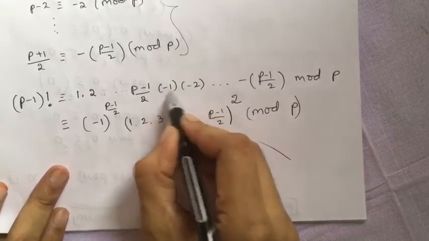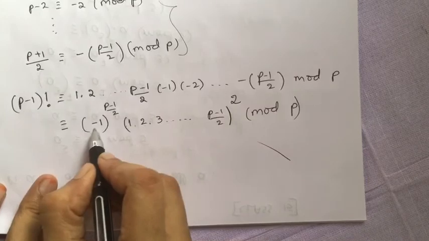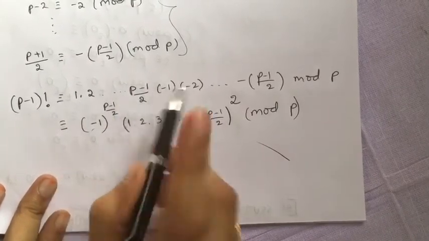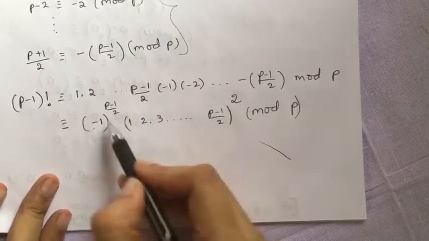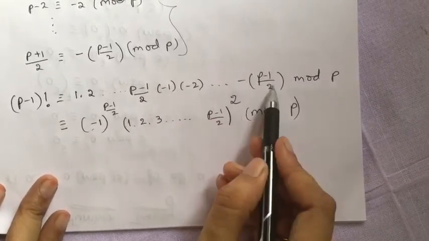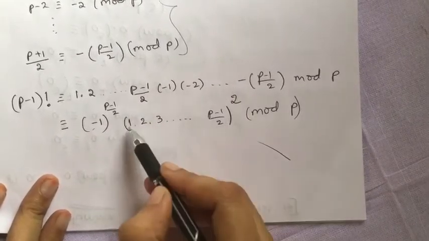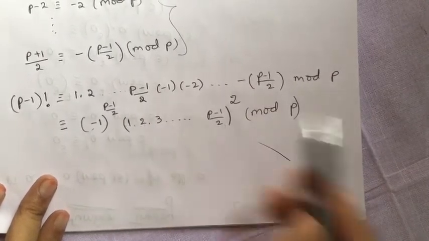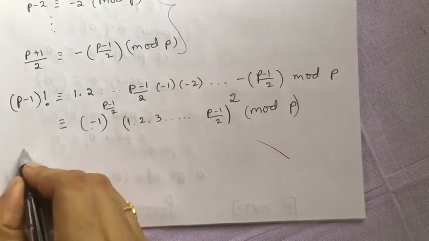Because I'm taking the minus 1 sign outside from each term, I'm getting 1, 2, 3 up to (p minus 1) by 2 again. So twice.